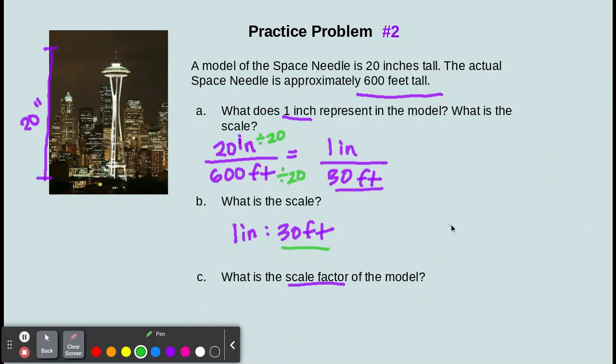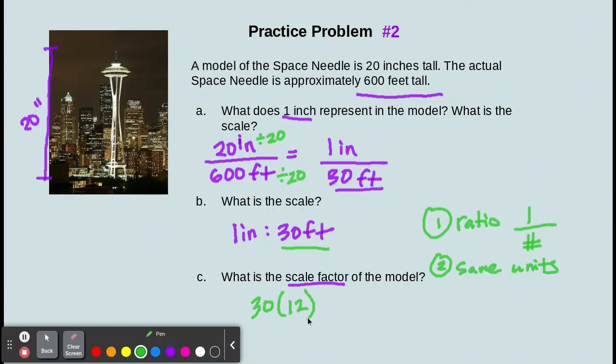For our scale factor, we know it's going to be a ratio with 1 as the numerator and a number on the bottom, and we want it to have the same units. So let's change 30 feet into inches. What is that? 30 times 12.